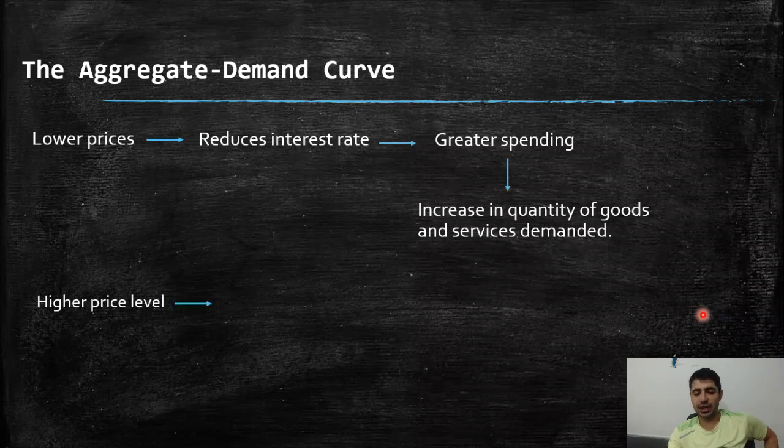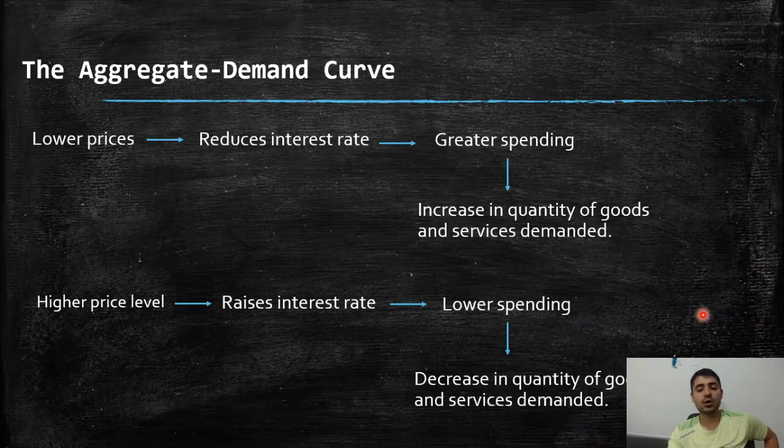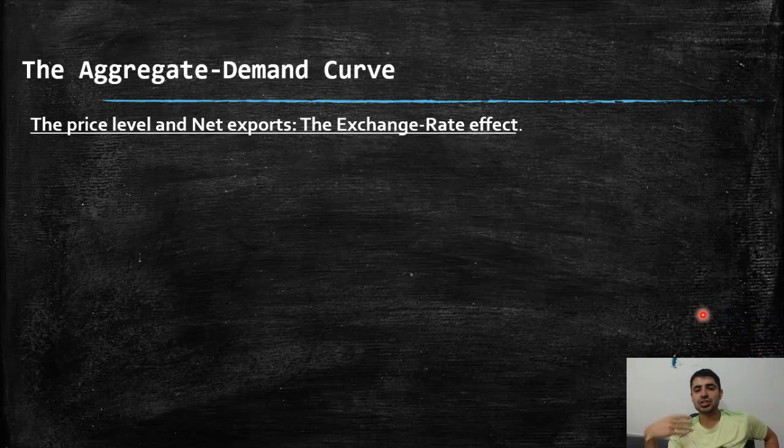When we have a higher price level, it is going to be the opposite: it raises the interest rate, so we have lower spending and a decrease in the quantity of goods and services demanded. Now, let's talk about the price level and net exports, the exchange rate effect.